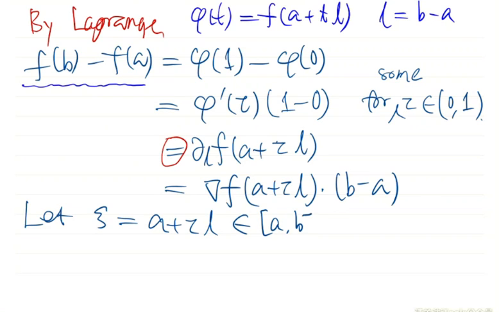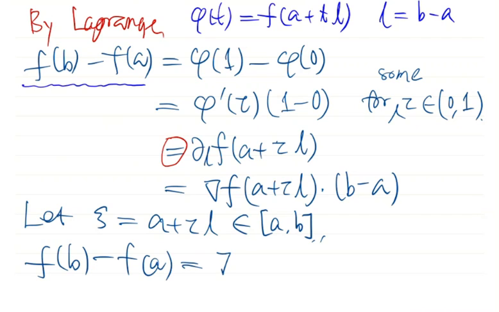Therefore, f(b) minus f(a) equals the gradient of f at this Xi, inner product with b minus a. So this proves our mean value theorem for multivariable functions. Okay, so this is a very important theorem.